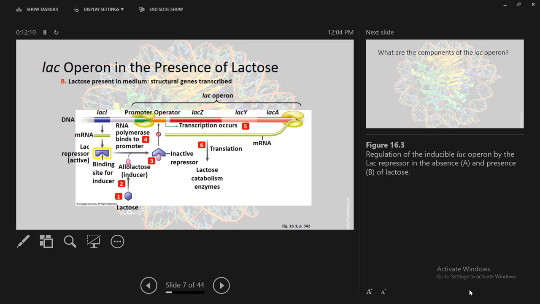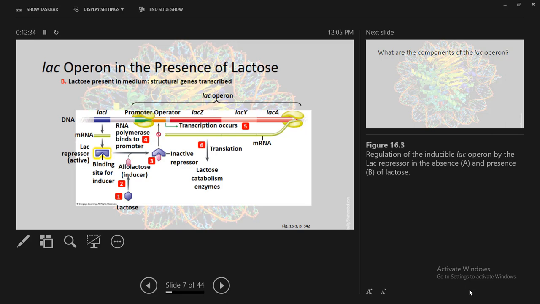So here, now you see it here, we've got an inactive repressor. So there's something here that is binding to this repressor and getting it to basically fall off of this. Now notice what inactivates the repressor. Do you see this? Can you read that?